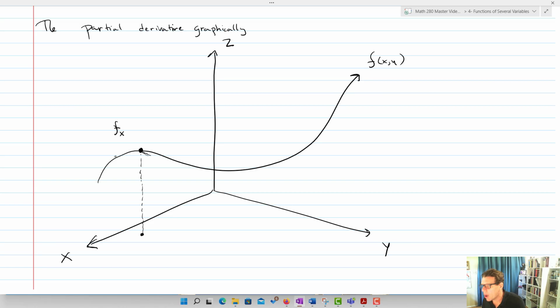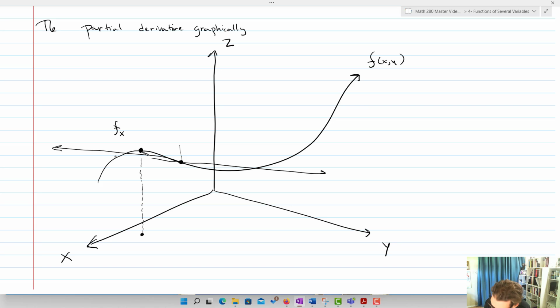Is it constant? No, it's not, but we're just going to imagine that we do exactly that. Then we see what happens with respect to z as we move along the x. So how much changes with respect to x? There's our rate of change with respect to x if we held y constant.